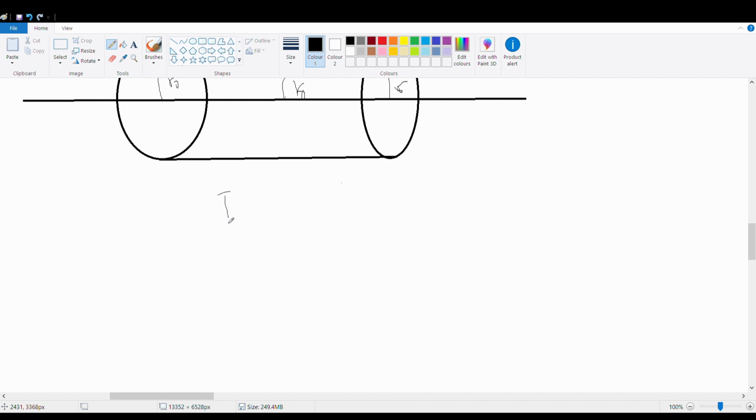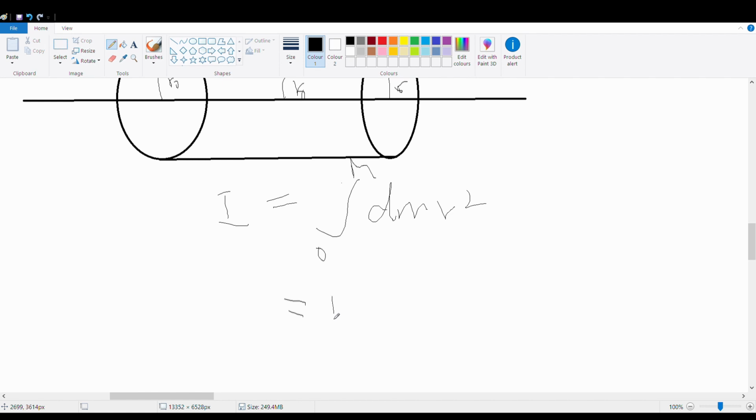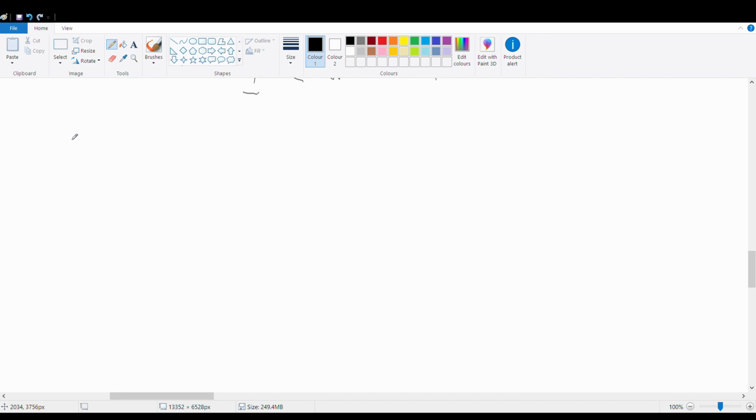I is equal to the integral of dm r squared from 0 to m. We can take r squared out because it is r naught for each of these, so we get r naught squared times m, the total mass of the cylinder. That's done for a hollow cylinder.